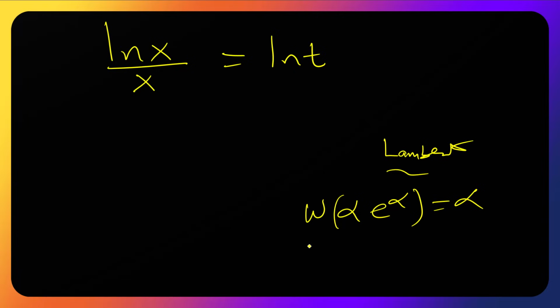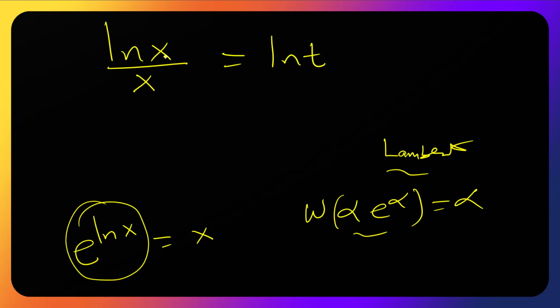Also, when we have e exponent ln of something, the result will be that something. Now, before we can change this one to this form, we have to introduce this one here.